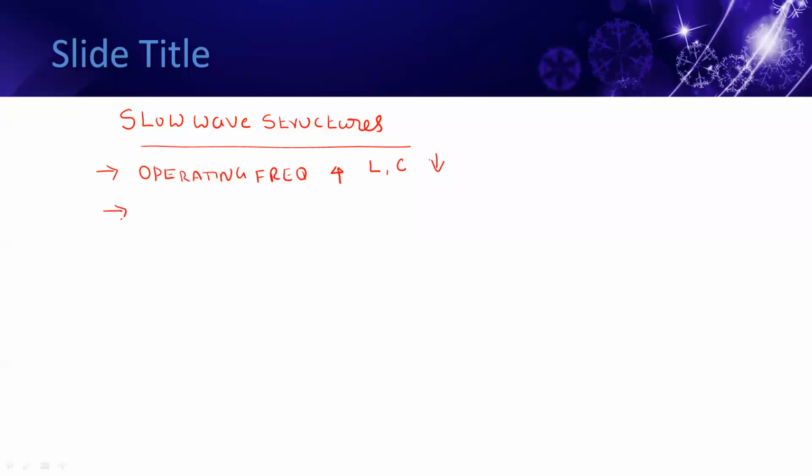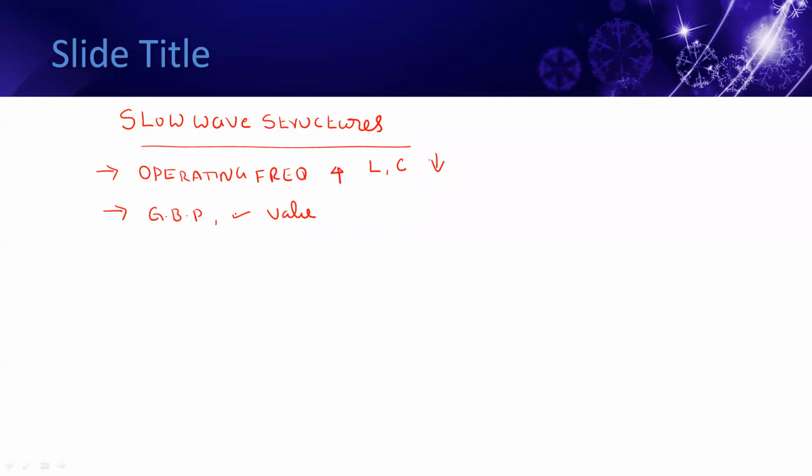The main reason behind this is the gain bandwidth product, which is limited in the resonant circuit. So the ordinary resonant circuit cannot provide a good gain bandwidth product value.